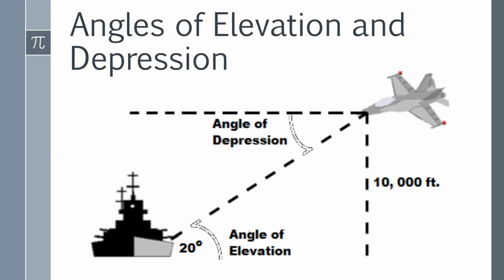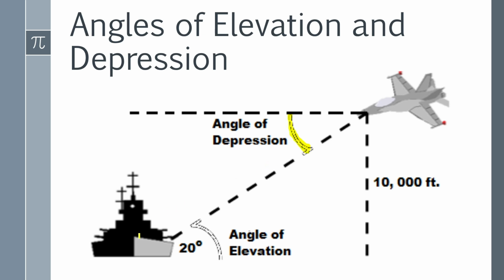So here in this diagram we have a picture of a jet and a battleship. You'll see here that we have a horizontal line that the jet's line of sight is on. If the pilot looks down at the ship, he's looking down at this angle right here.